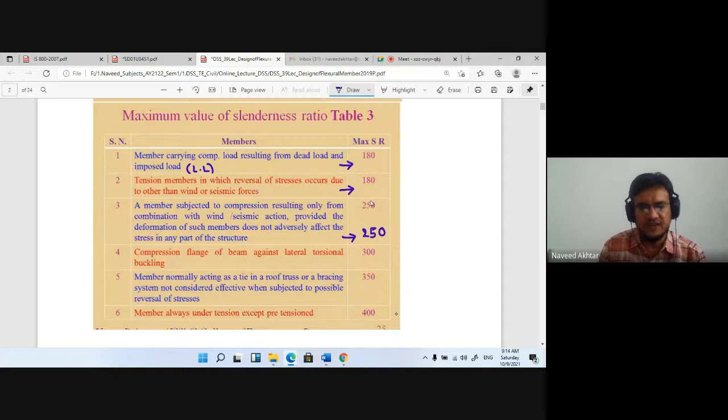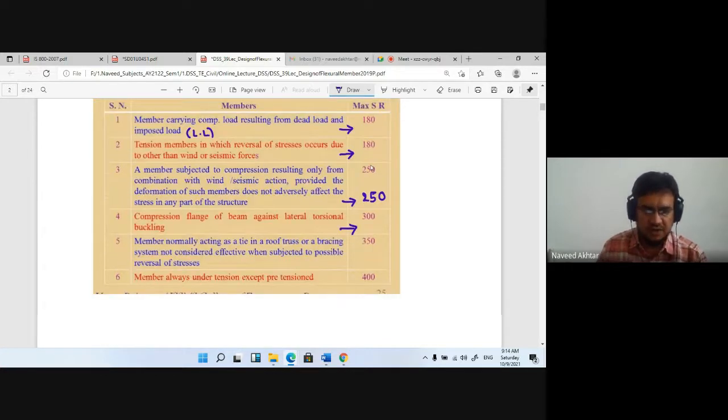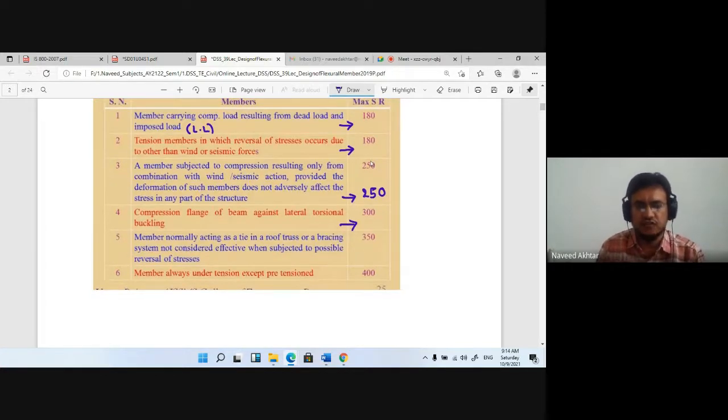And compression flange of beam against lateral torsional buckling, the maximum slenderness ratio is given as 300. Similarly, a member normally acting as a tie in a roof truss or bracing system, not considered effective when subjected to possible reversible stresses, has a slenderness ratio of 350.